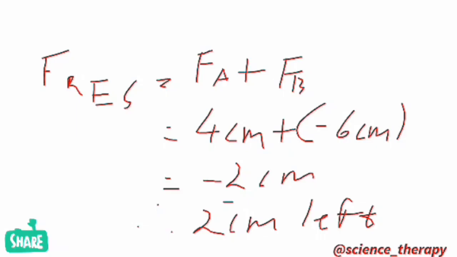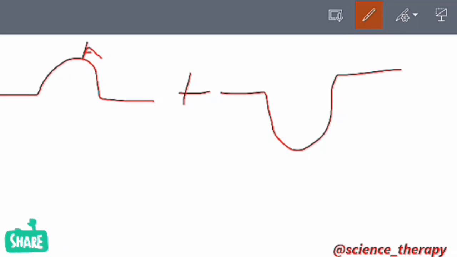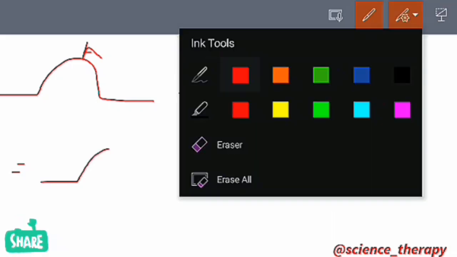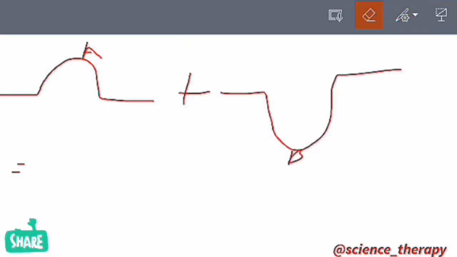So basically what we are saying here is we have a situation like this, whereby this pulse A will meet pulse B, and then they will give us our resultant pulse, which is in the direction of pulse B, so this is the resultant.